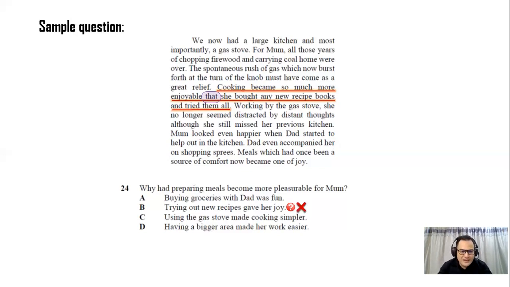So we can eliminate option B. And the correct answer is actually C, using the gas stove made cooking simpler. Because when we read the paragraph, we can see a lot of ideas about using the gas stove making cooking simpler.